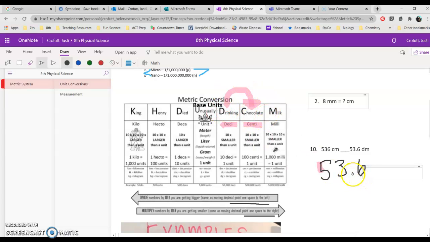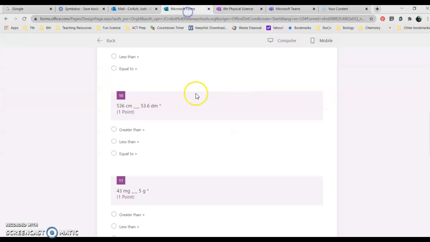Move the decimal 1 to the right to turn it into centimeters, so we have 536 centimeters. Now we can compare. 536 centimeters is greater than, less than, or equal to 536 centimeters? We would be equal to, so in the form we would select equal to.